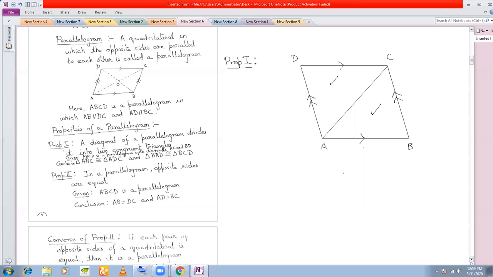I hope you can understand the property. Given a parallelogram such that AC is a diagonal, then this triangle is congruent to this triangle.